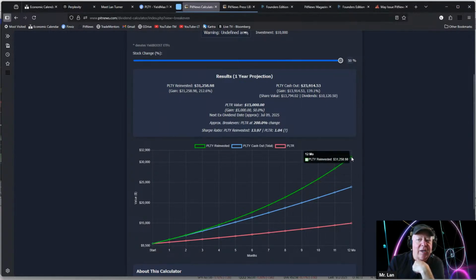And if you reinvest, this is based on DRIPing, which I'm not a fan of, PLTY DRIP is going to make a hell of a lot more money than PLTR all by itself. You can do the math. It's all done for you. I've created little mathematical models for you.